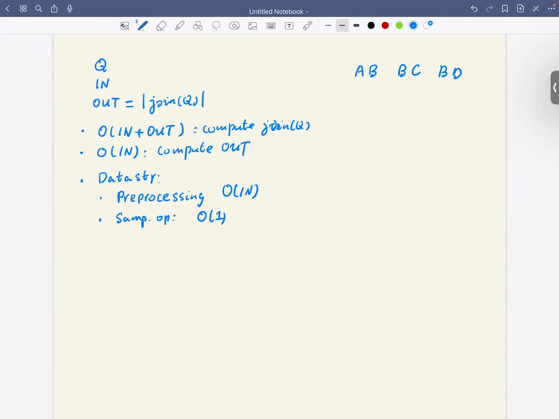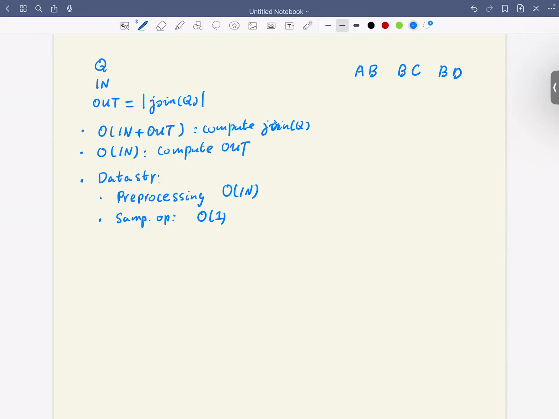Whenever you have a problem like this, people would ask the following. Yes, the value of OUT could be exponential, could be very large. Even if we're talking about data complexity, it can be, let's say, N squared. But what if we want something stronger? Even though the result is very large, how about we try to achieve a small delay between the reporting of two consecutive results?